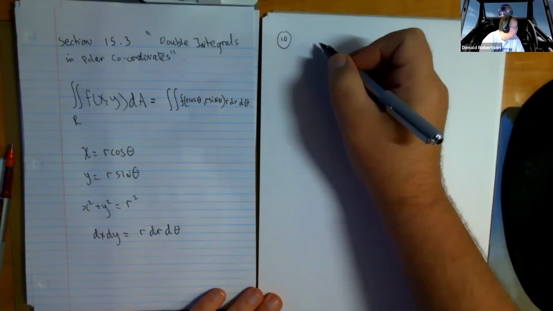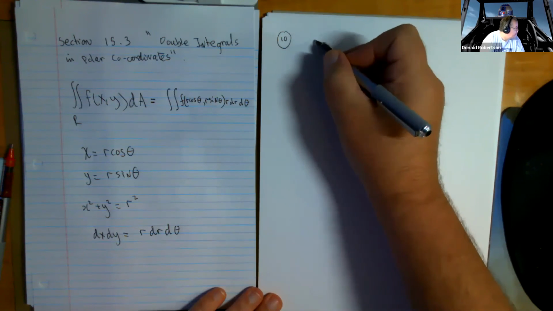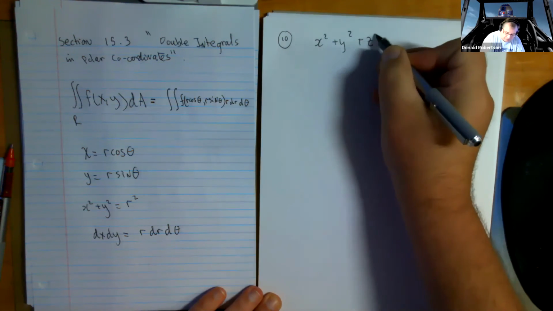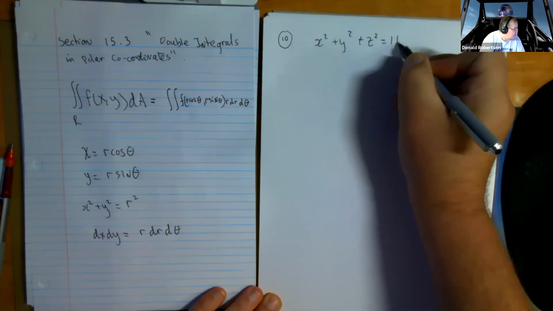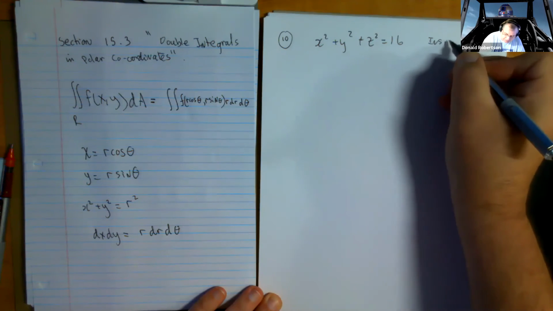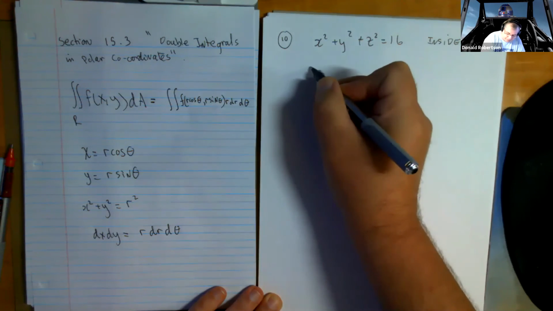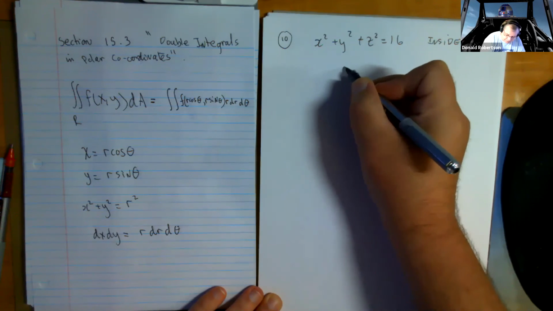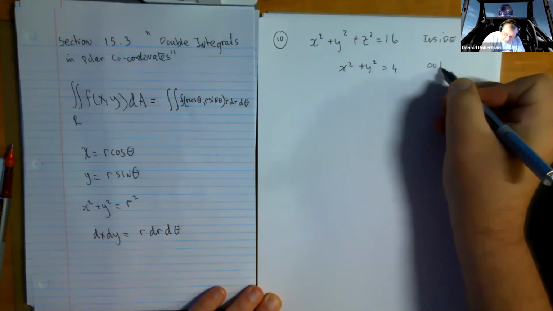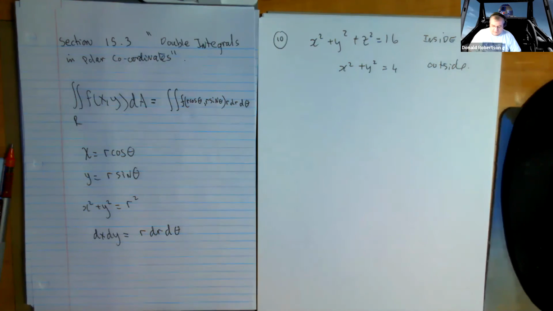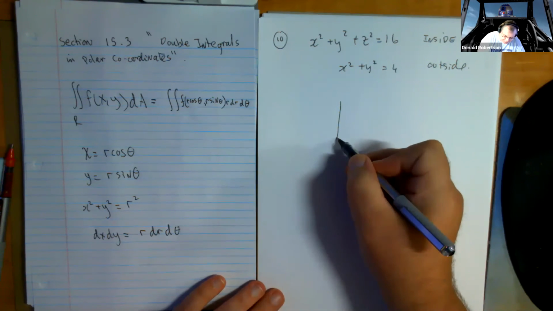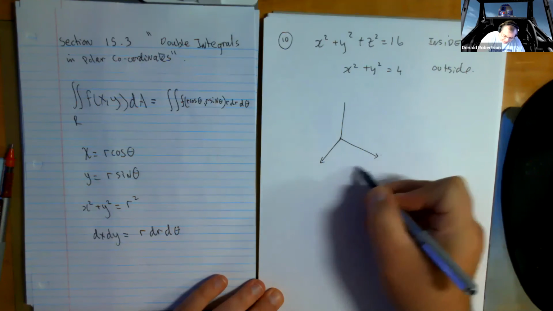In this case, we're being asked to find the volume. They describe it as inside a sphere and outside a cylinder. So this is a new question. I'm pretty sure I'm going to make this a total mess.